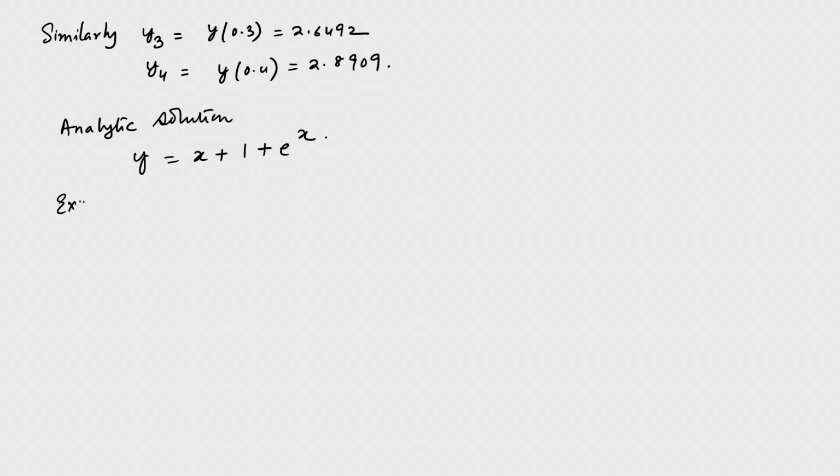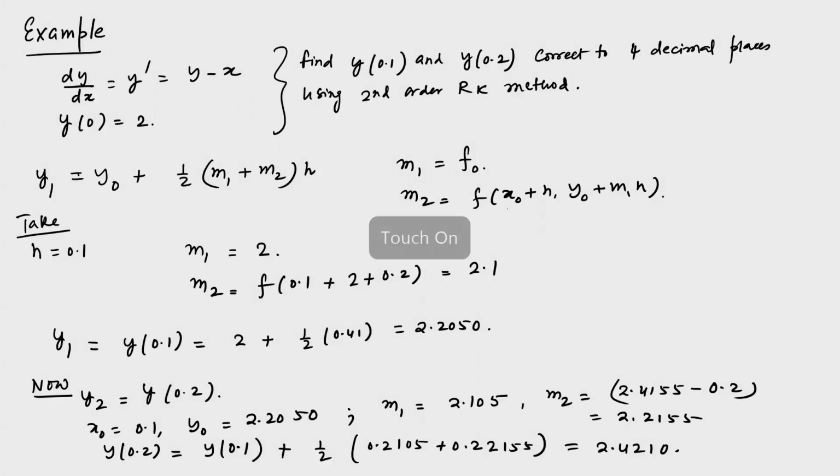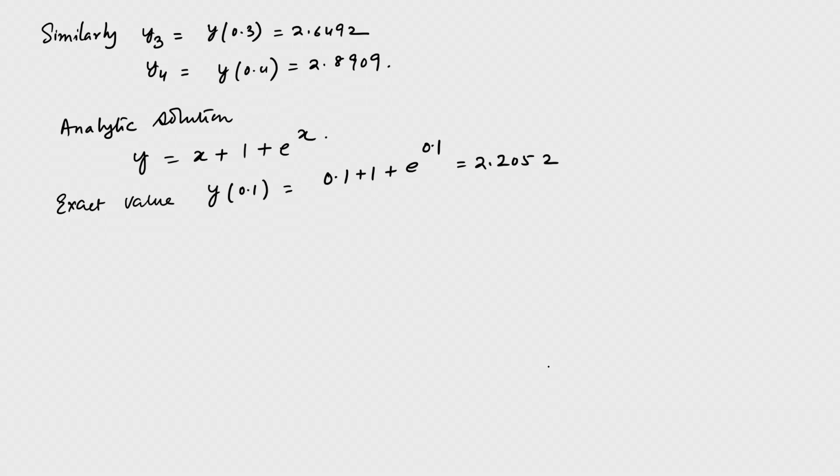So, the exact value y of 0.1 equal to 0.1 plus 1 plus exponential 0.1, it becomes equal to 2.2052, whereas what we got is not too bad, it is equal to 2.2050, where it is 2.2052.